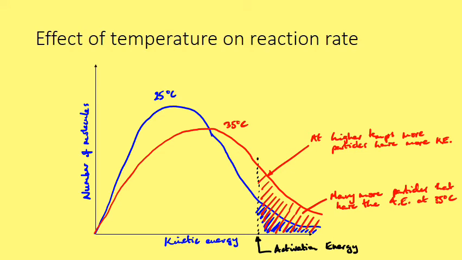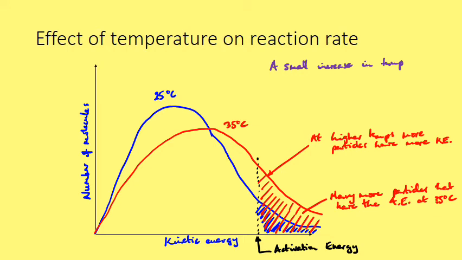And a point to be made here, and I'll switch colour to purple, is that a small increase in temperature, here we've gone from just 25 to 35, so just a 10 degree increase in temperature. You can see that the way the shape of the curve changes means that many more particles, there's at least twice as many, probably 3 times as many particles, have activation energy or more at 35 compared to 25.